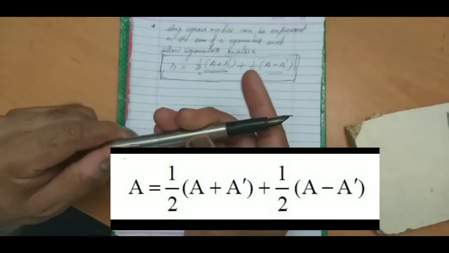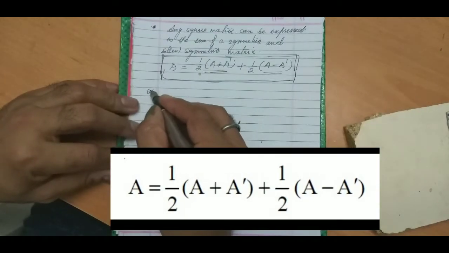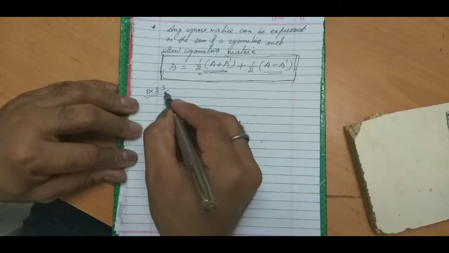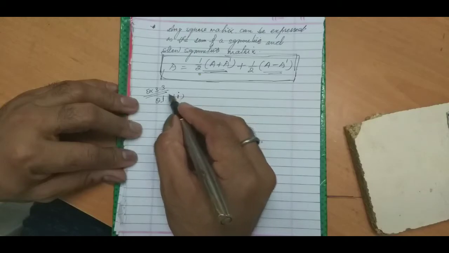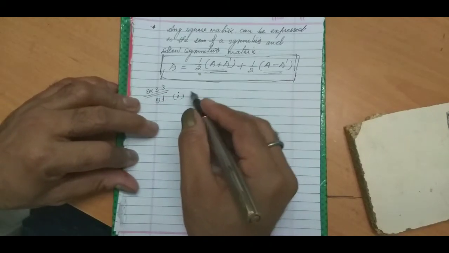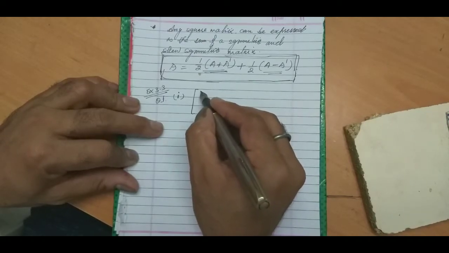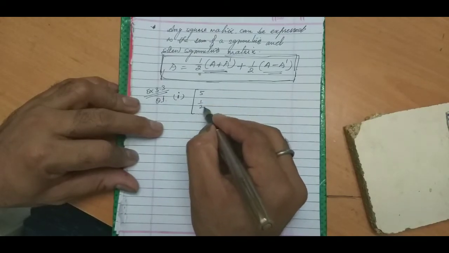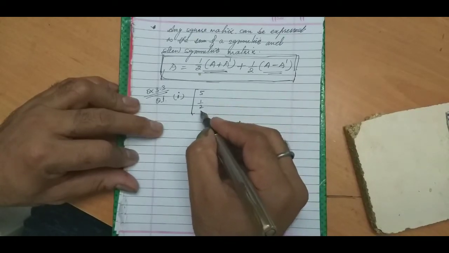Now we start exercise 3.3. Question number first, part number first. This exercise is so simple that you can write by your own. The first part is 5, 1 by 2, and then minus 1.